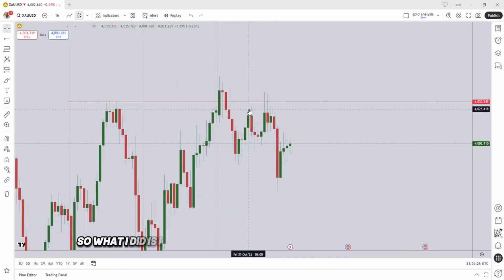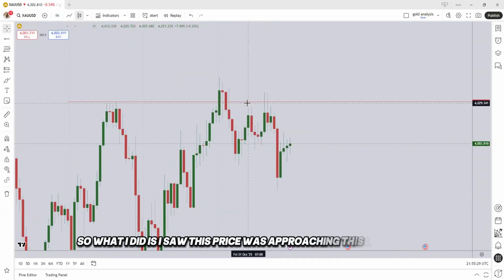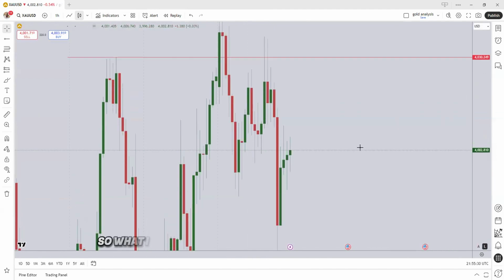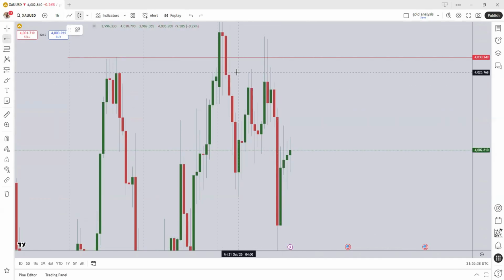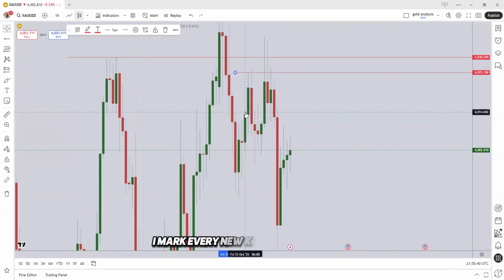So what I did is I saw this price was approaching this level again. So I then marked this high. I marked every high. I marked every new candle high.